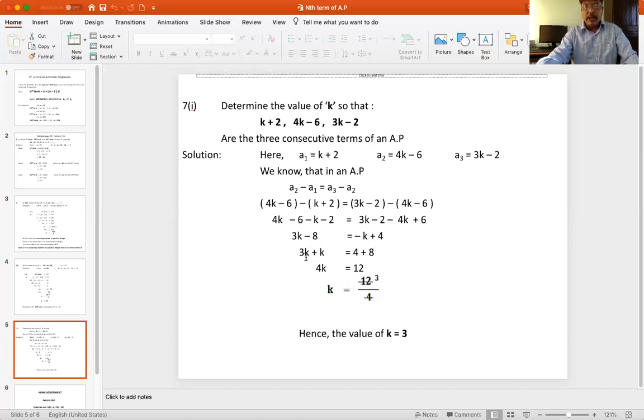Now this minus k, if we bring it to the left hand side, it becomes plus k, so 3k plus k is 4k, equal to 4. Now this minus 8, if we bring it to the right hand side, it becomes plus 8. So 4k is equal to 4 plus 8, which is 12. Therefore k will be equal to 12 divided by 4, and 4 times 3 is 12. Hence the value of k is equal to 3.